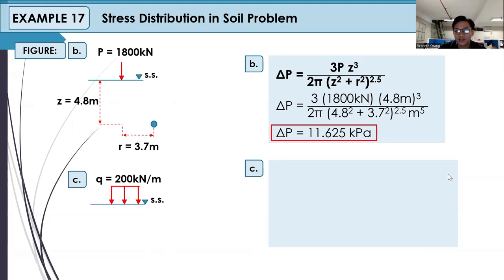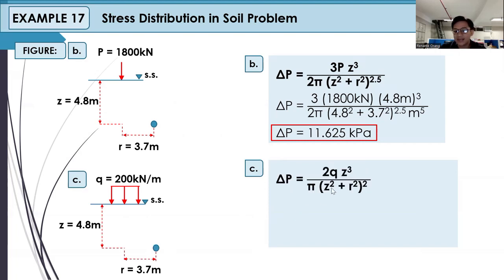So therefore, yung ating formula is mag-iiba. Same pa din, no? 4.8 meters pababa and then we have 3.7 meters na horizontal distance. So yung formula natin, class, is 2q z cubed over pi, open parenthesis, z squared plus r squared, close parenthesis squared.